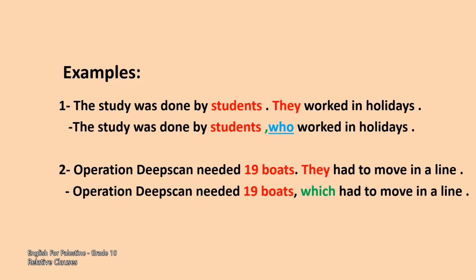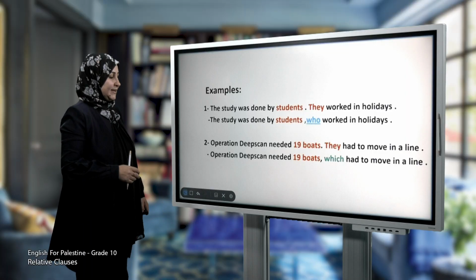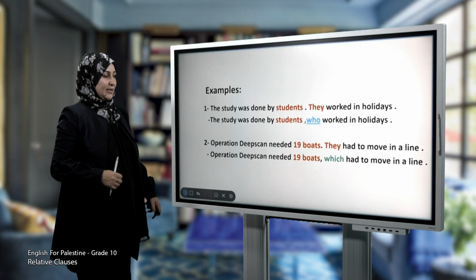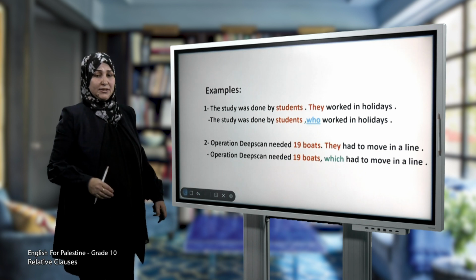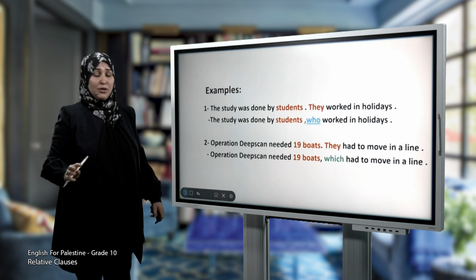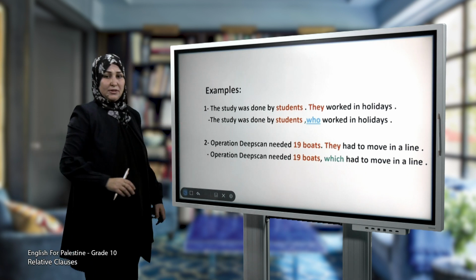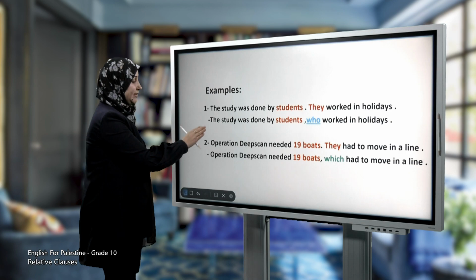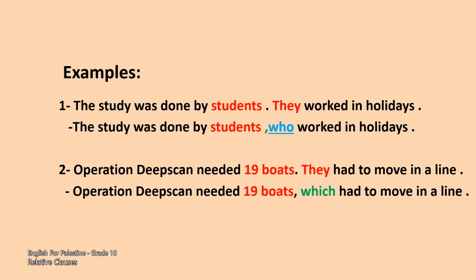Number 2. Operation Deep Scan needed 19 boats. They had to move in a line. Here we have two sentences talking about the same thing, the 19 boats. Operation Deep Scan needed 19 boats.